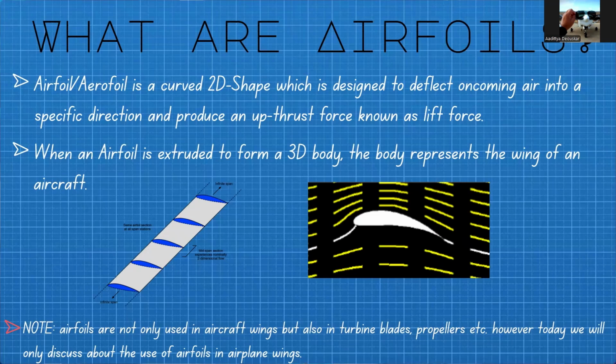So an airfoil deflects the wind downwards so that the equal and opposite reaction causes the airfoil to go upwards. This is what is known as lift. So you can say that an airfoil is a 2D shape which generates lift. An airfoil is a curved shape which generates lift when placed in a fluid flow.